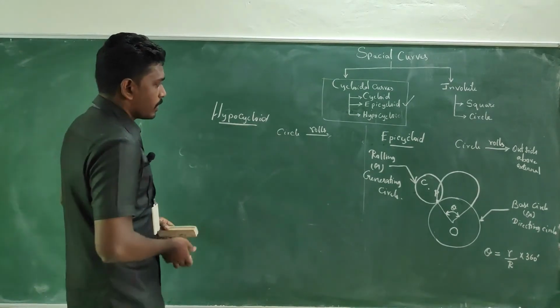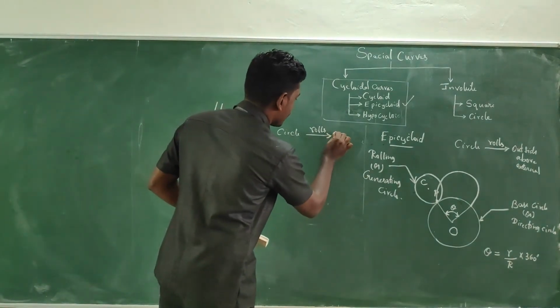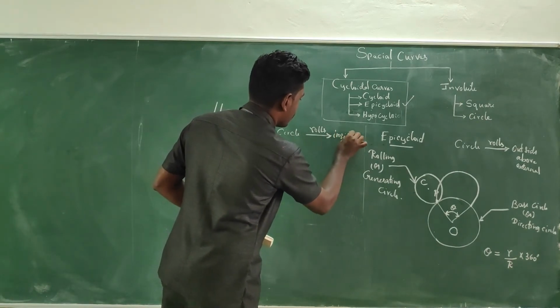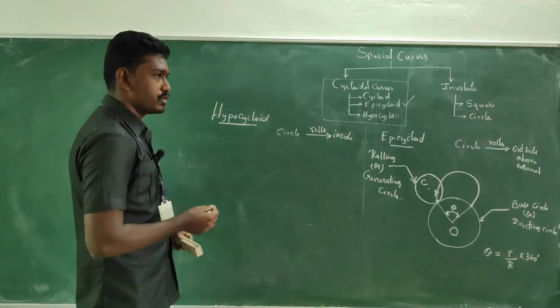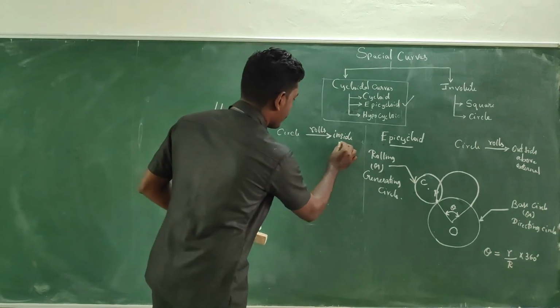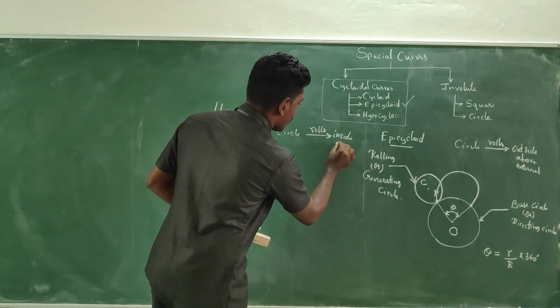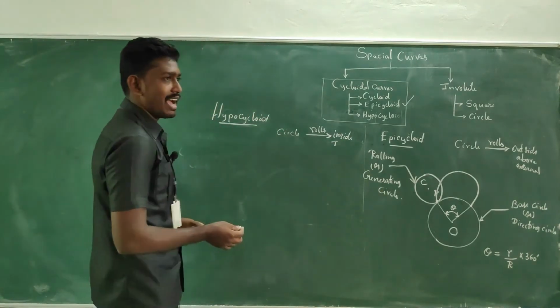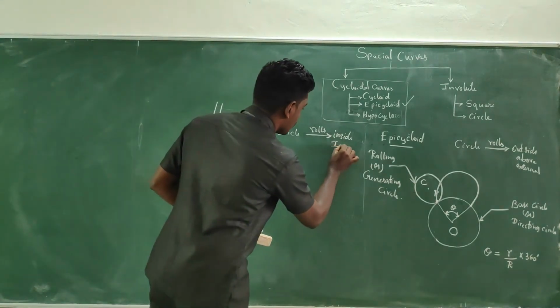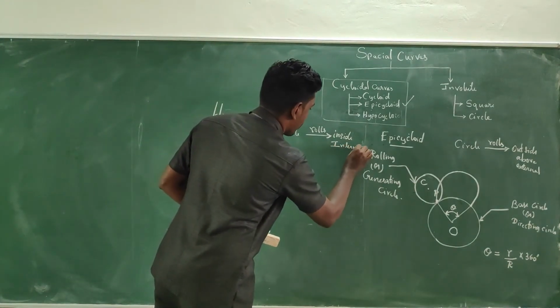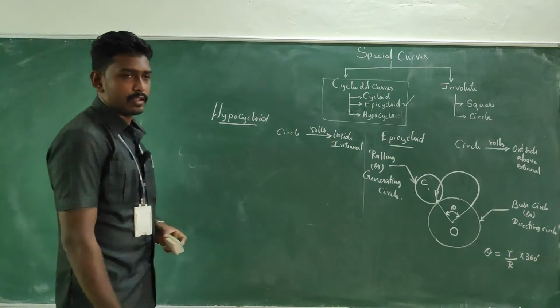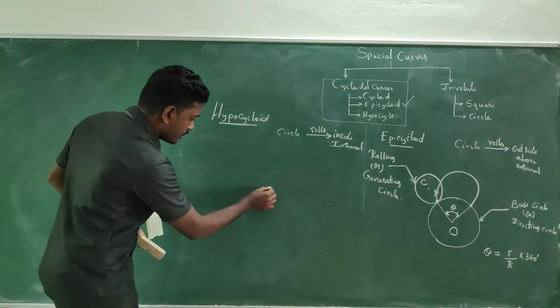So it rolls inside. Sometimes we get a phrase like a circle having internal contact, something like that. Okay, so I will show you the picture.